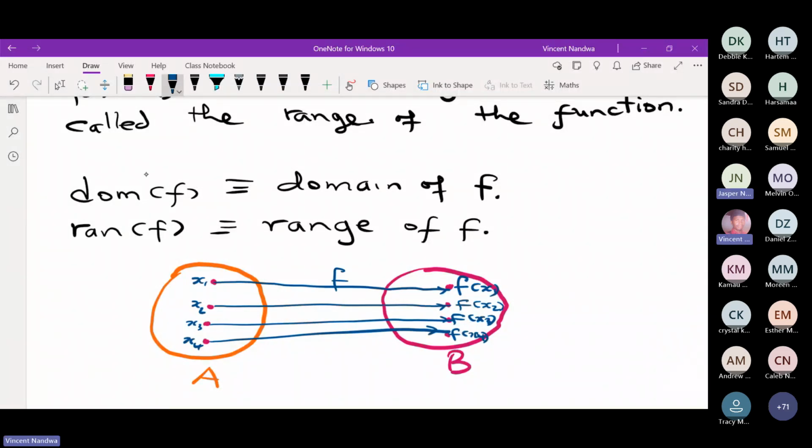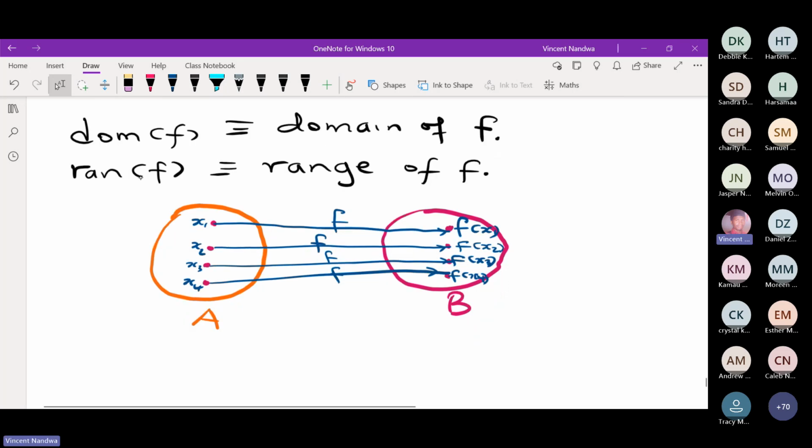So this is f. Such an assignment that takes elements from A to set B is what we are calling a function from set A to set B. So A is what we call the domain, and B is what we call the codomain.